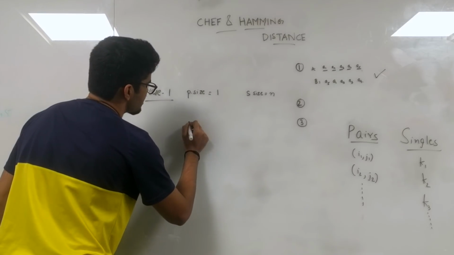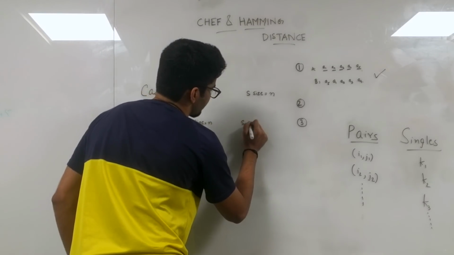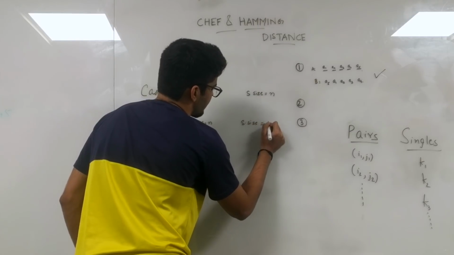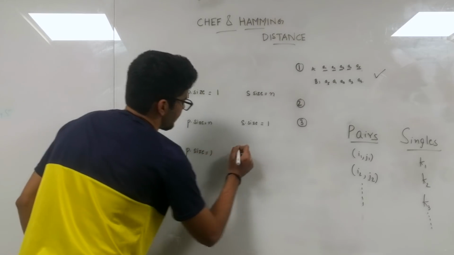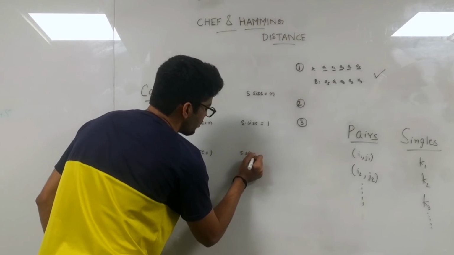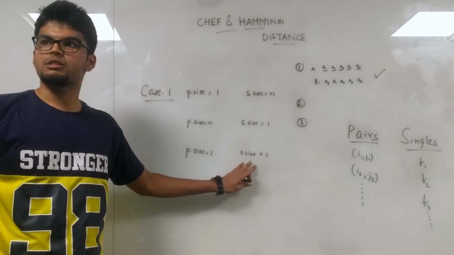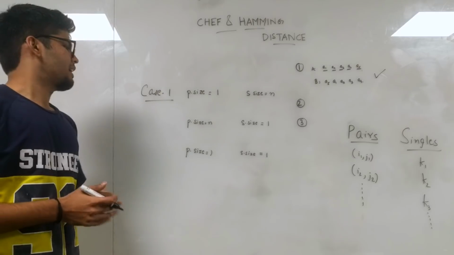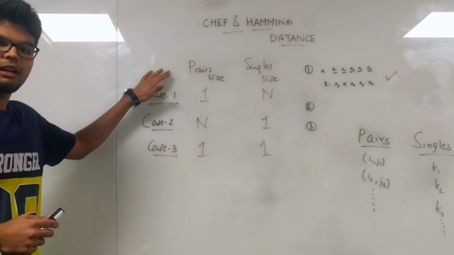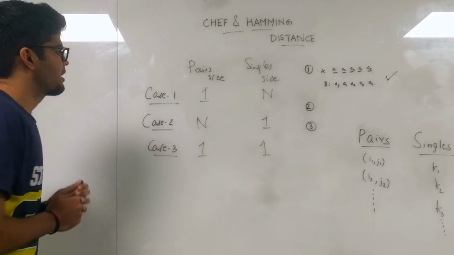The second case is when the size of the first list is n and the size of the second list is 1, and the third case comes when the size of both the lists is 1. So whenever the size of a list is 1, the cycle actually comes back to itself, which doesn't help us in any way. Now we need to figure out an alternate solution in order to handle these 3 cases.